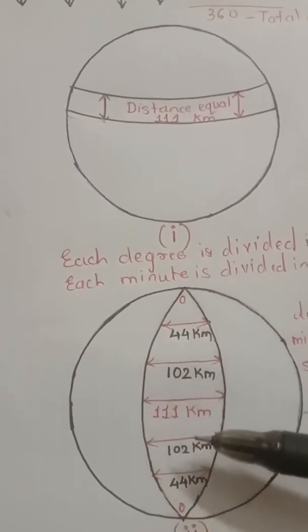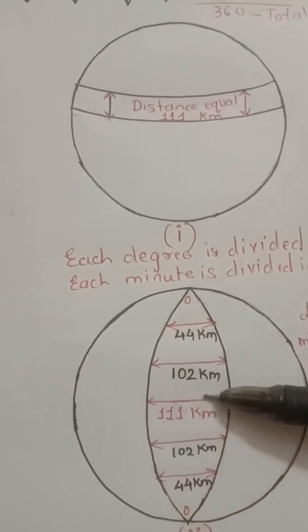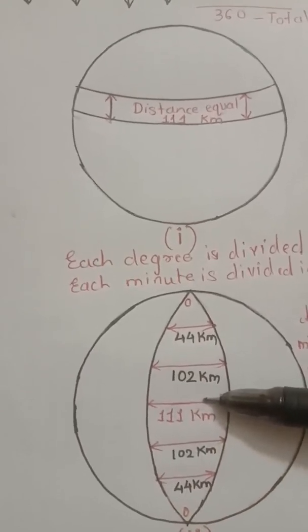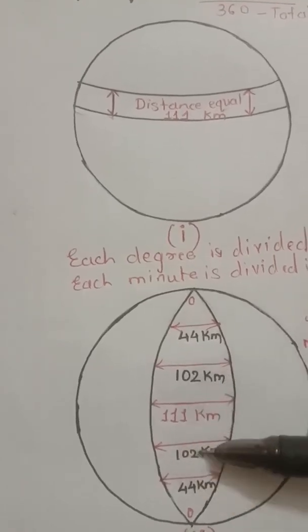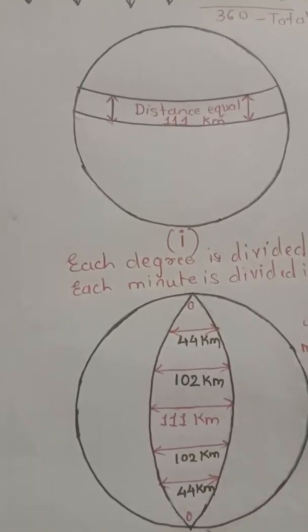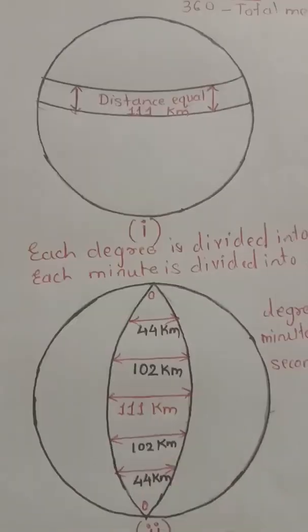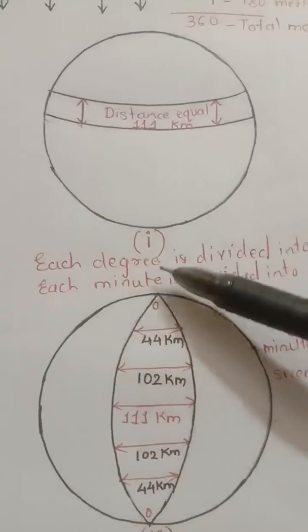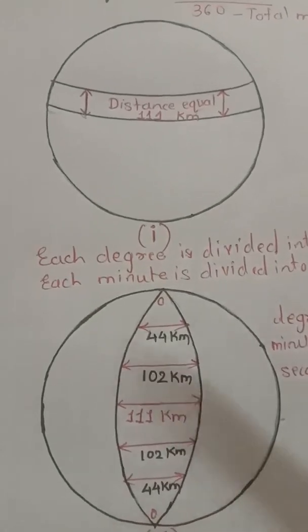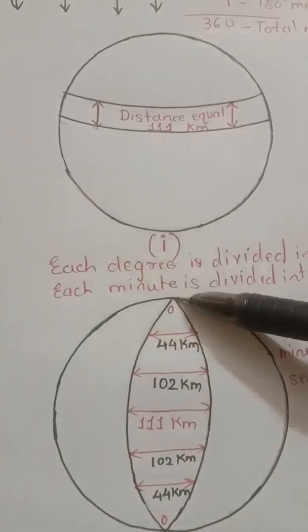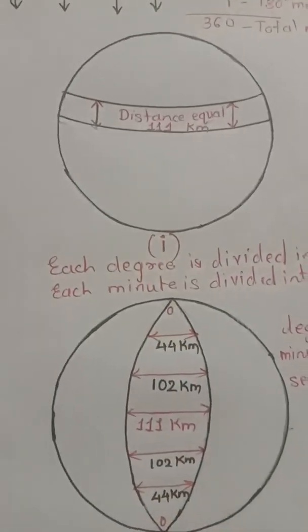If we see the diagram, near the equator the distance is 111 kilometer. Near Tropic of Cancer and Tropic of Capricorn, it is 102 kilometer. Near Arctic and Antarctic Circle, it is 44 kilometer, and near the poles, it is 0 kilometer.